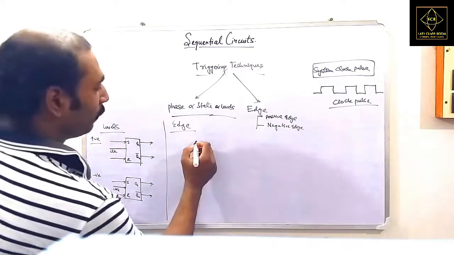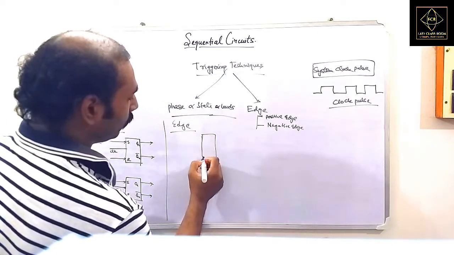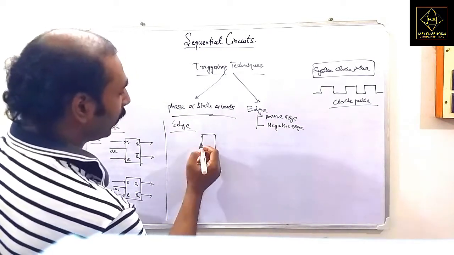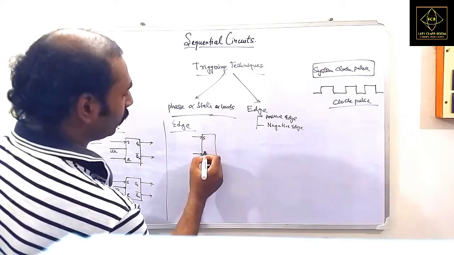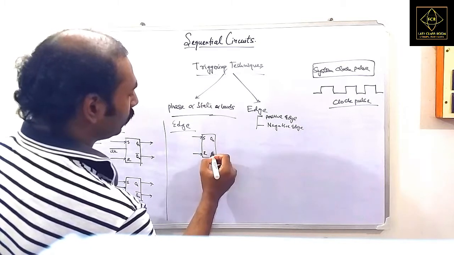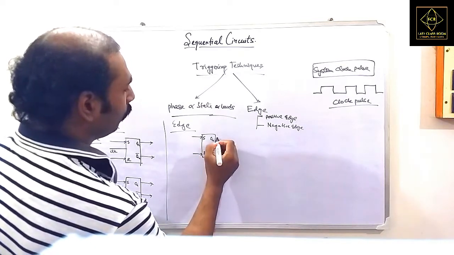Okay, so for the edge, if we design the same logic circuit, same block diagram, this is S, this is R, this is Qn, and this is Qn complement.